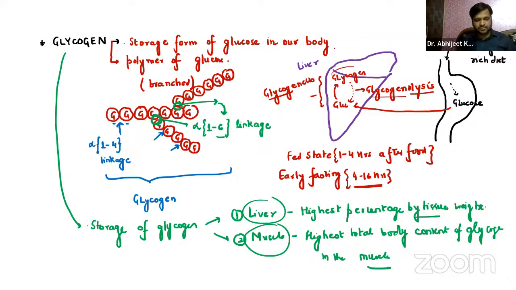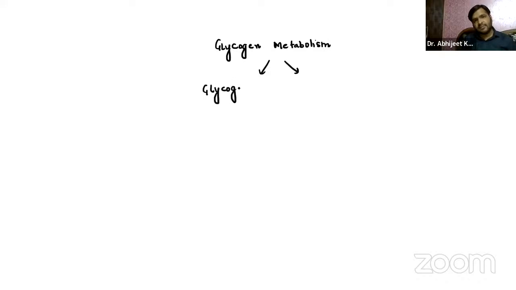Now, coming on to the two definitions, guys. If we talk about glycogen metabolism, you should know that it is of two types. We have already discussed: glycogenesis and glycogenolysis. When we say glycogenesis, it is the formation of glycogen from glucose.